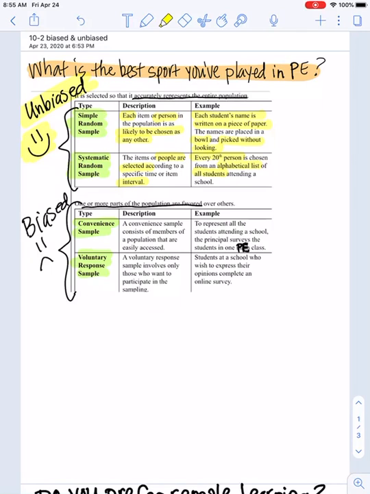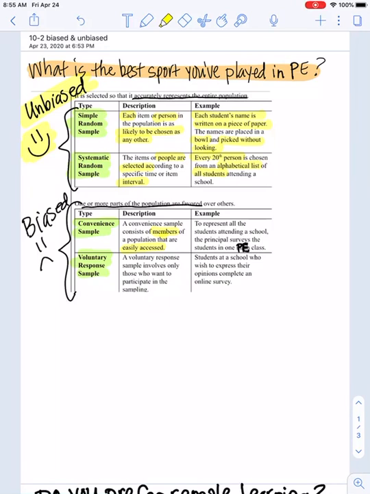So let's move down. So next we will look at biased samples. So there's 2 types of biased samples. So one type is called a convenient sample. So convenient samples are people that are easily accessed. So not everybody's going to have a chance because you just go to one group of people because it's easy to get to them.